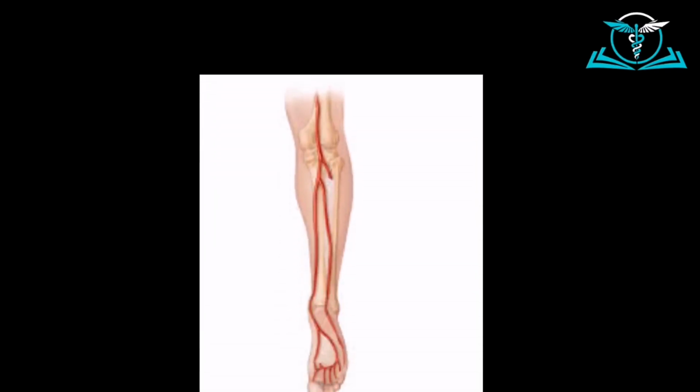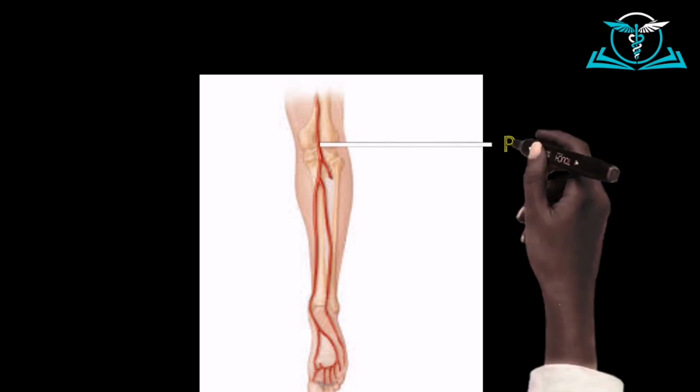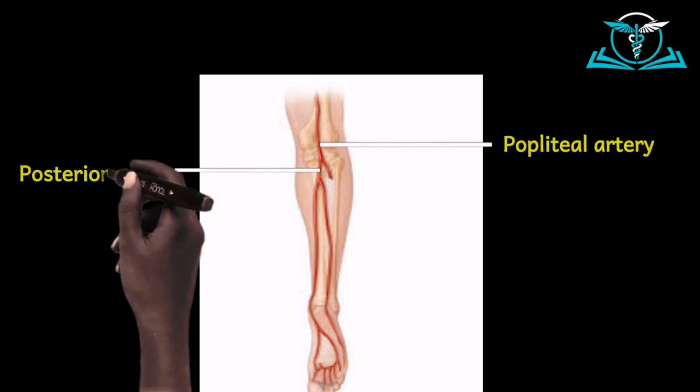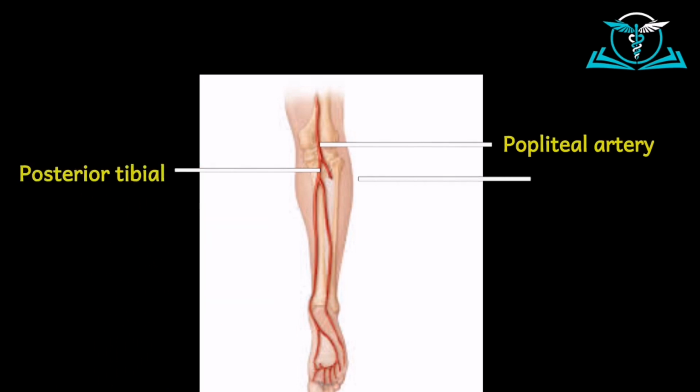Very good. And so once the femoral artery gets into the popliteal fossa, it becomes the popliteal artery, which quickly divides into the posterior tibial artery as labeled, and then the anterior tibial artery.